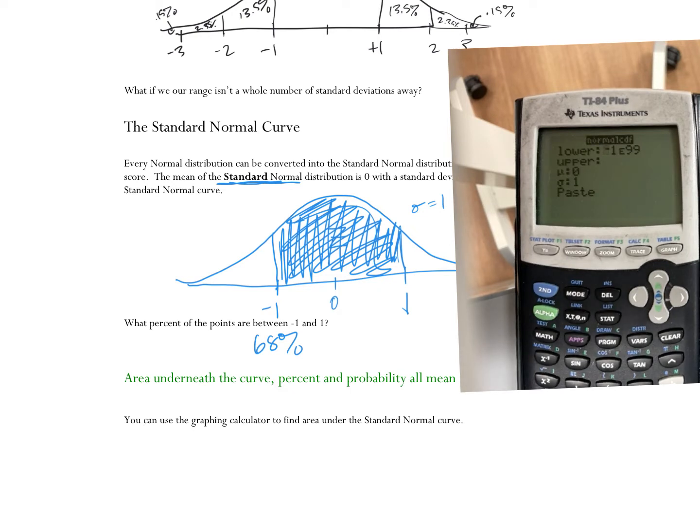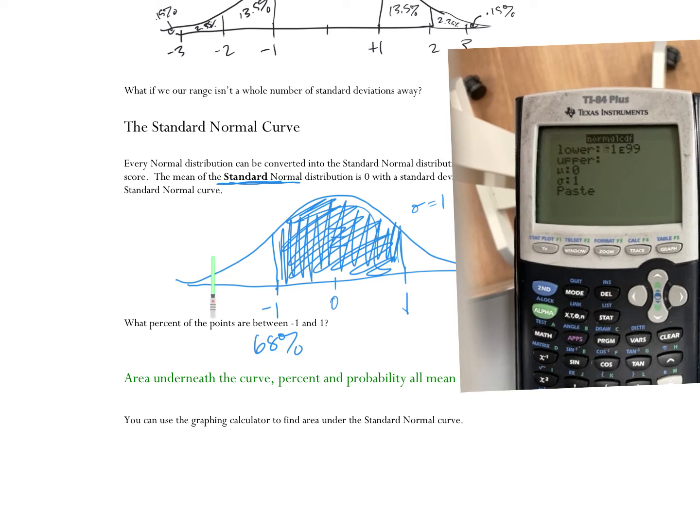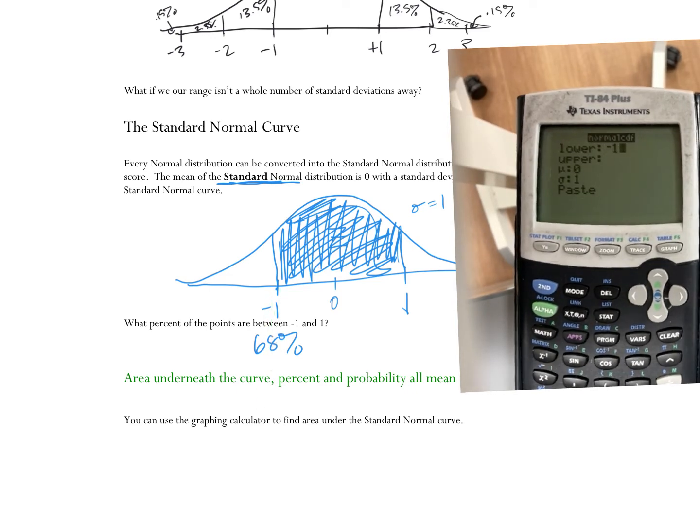And the minute you do, your calculator should be asking you for a lower and upper, and then it has some weird symbols. Is everybody with me? Your lower and upper are describing where you've shaded on your picture. So when you look at this graph, what is my lower boundary of what is being shaded? Negative 1.